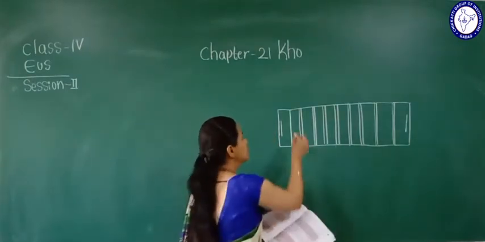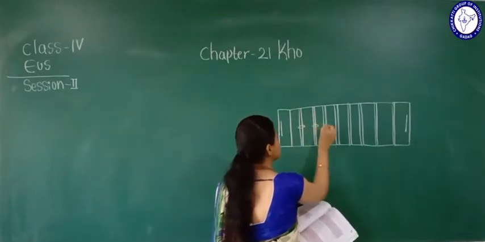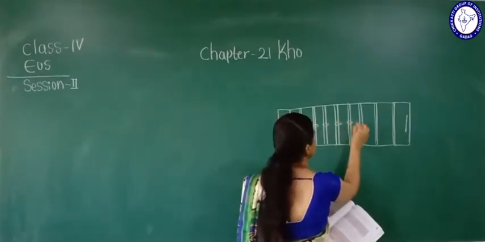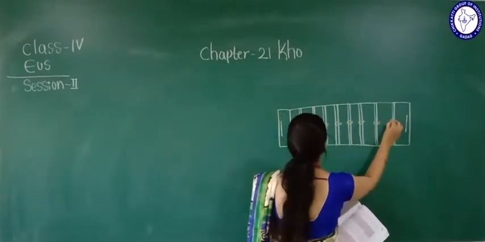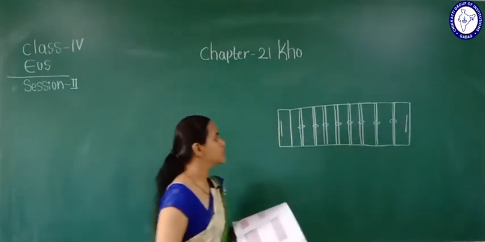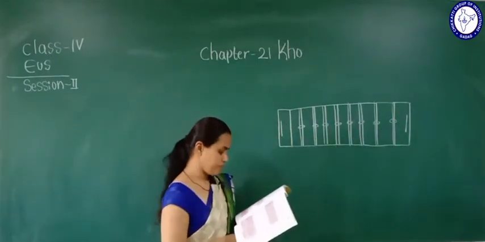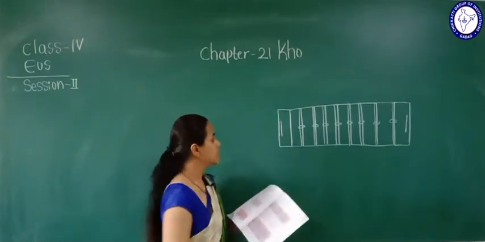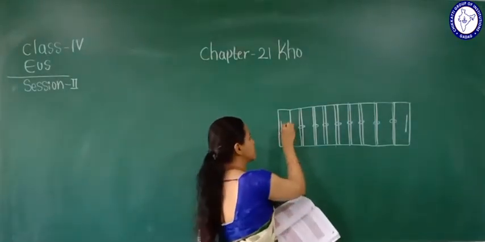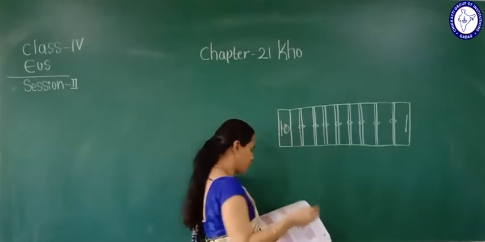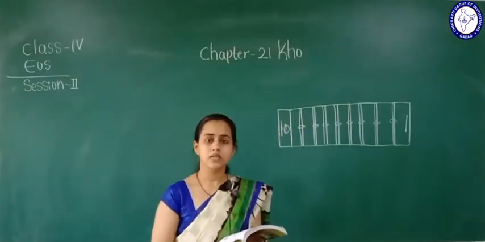There are 8 players who will sit in the field, and one person who stands near the pole. This much we learned in the previous class.